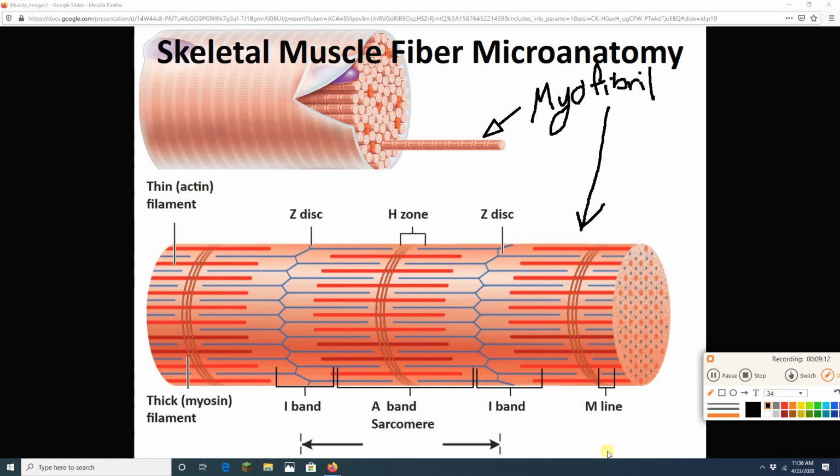Now, these actin and myosins need to be anchored. And they are. There is a network of vertical proteins called the Z disc that anchor my thin actin filaments. This zigzag here is the Z disc. Doesn't stand for zigzag, it stands for Zwischenscheibe, but we don't need to know that.